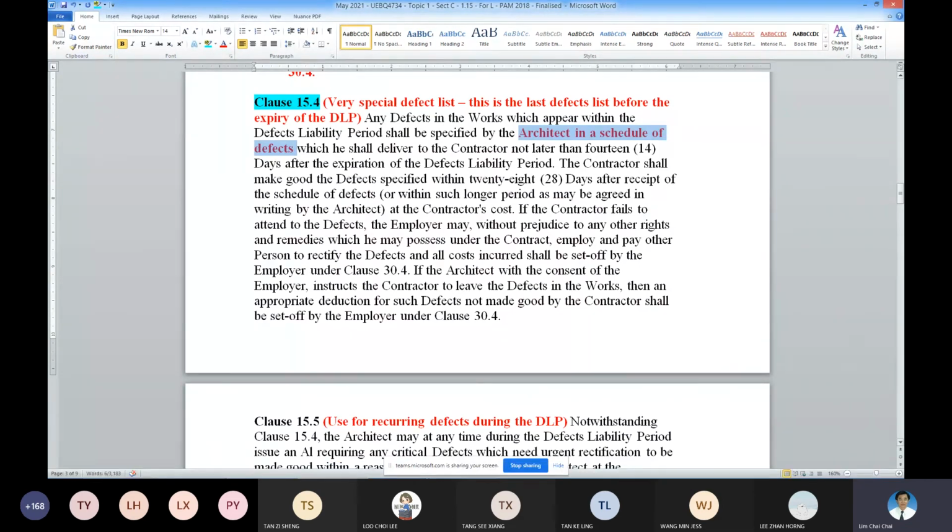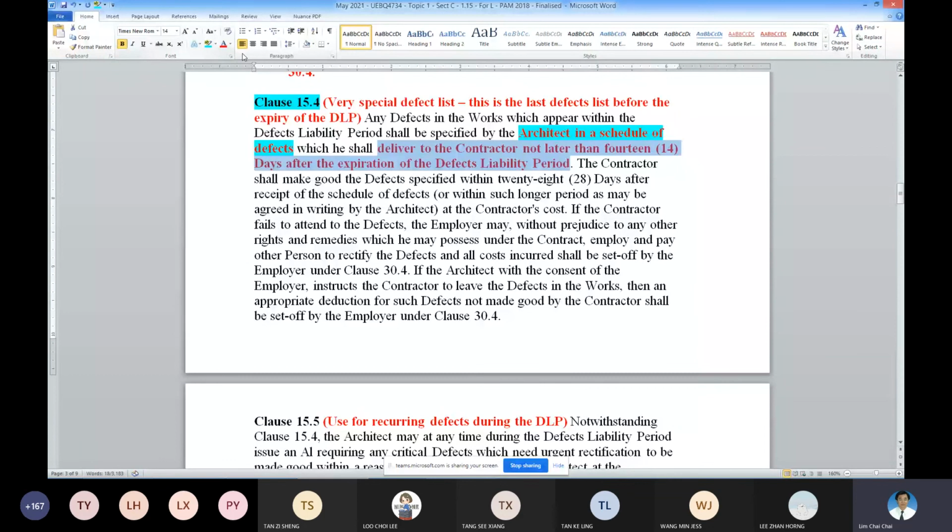Then deliver it to the contractor within 14 days of the expiry of the defects liability period. So not later than 14 days after the expiry of the DLP. Let's say the defects liability period expires on 1st January 2022. After the expiry of this 1st January 2022, within 14 days, this list will come out.